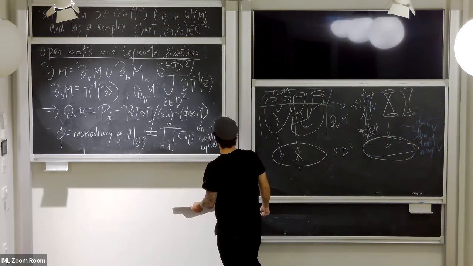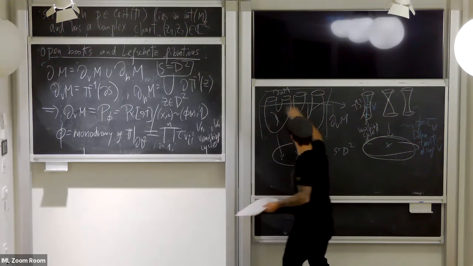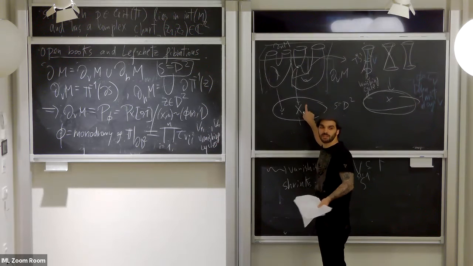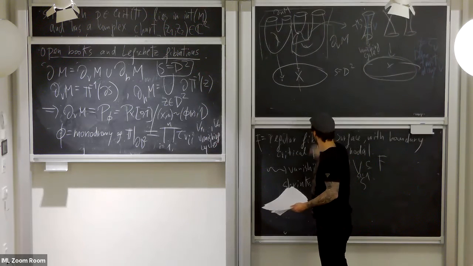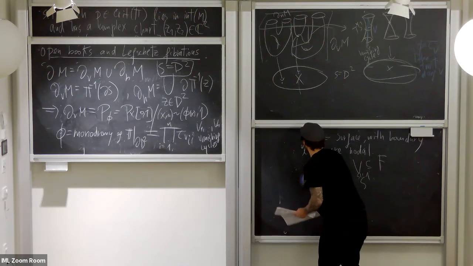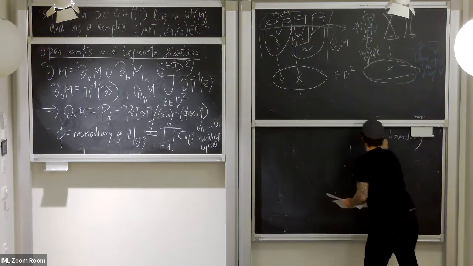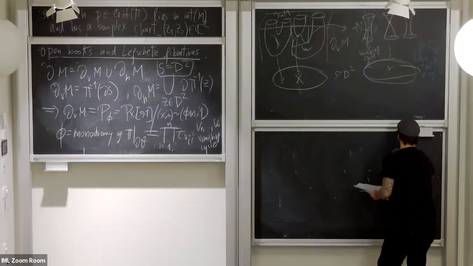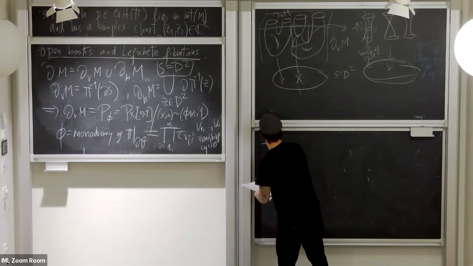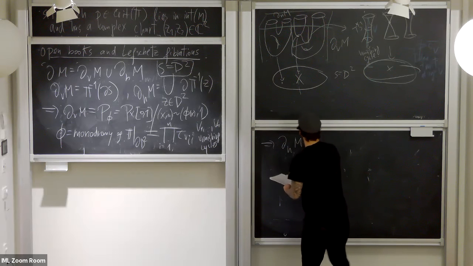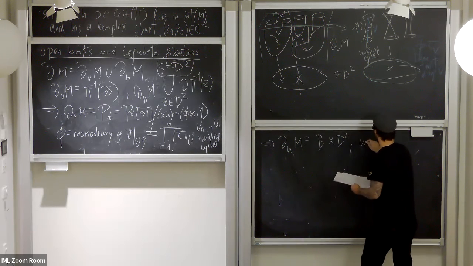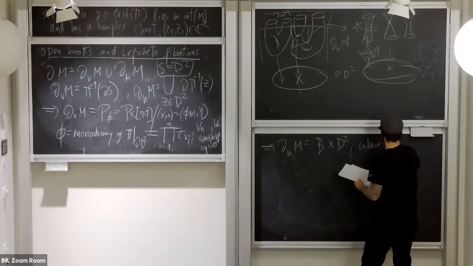Okay, that's the vertical piece, and the horizontal piece is a fibration over the disk, because there are no critical points again, but that has to be necessarily a trivial fibration. So in other words, it's just the boundary of the fiber times the two-disk. So necessarily, the horizontal boundary of M is B times D2, where B is the boundary of the fiber.